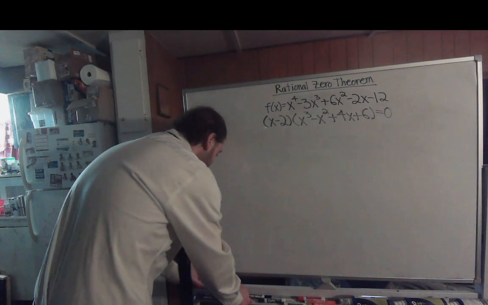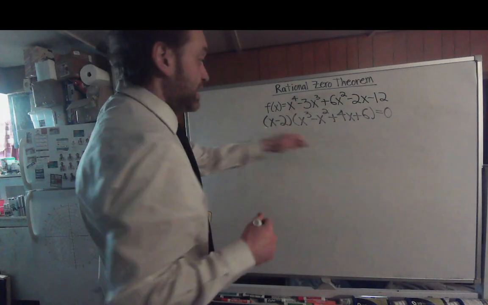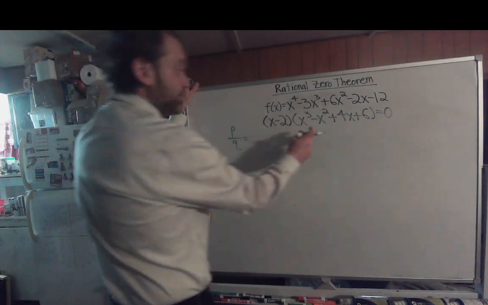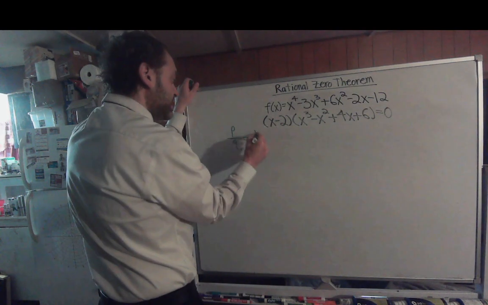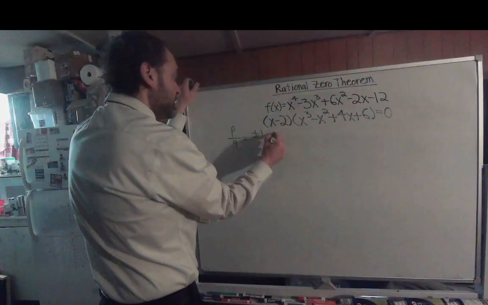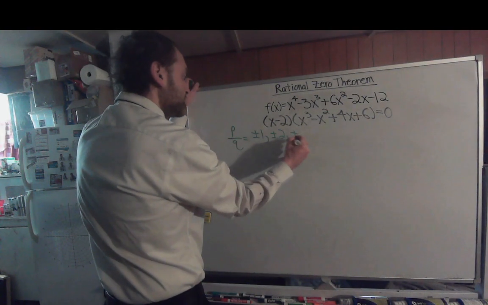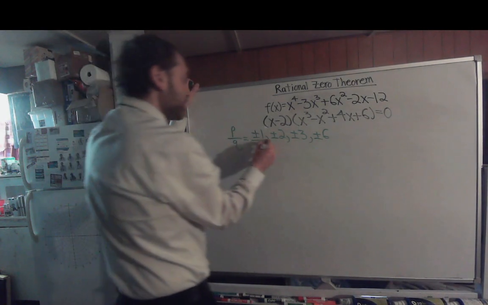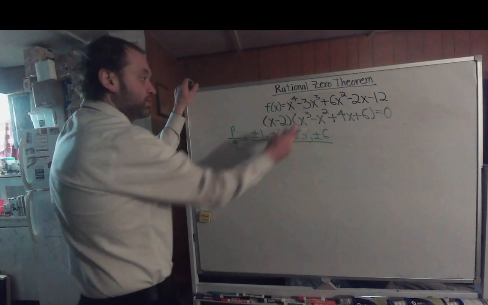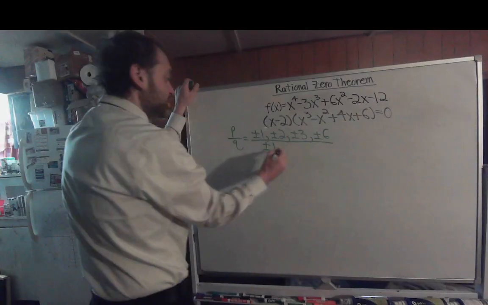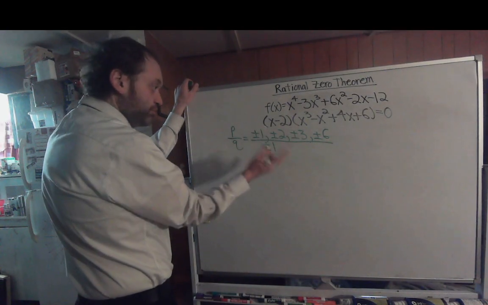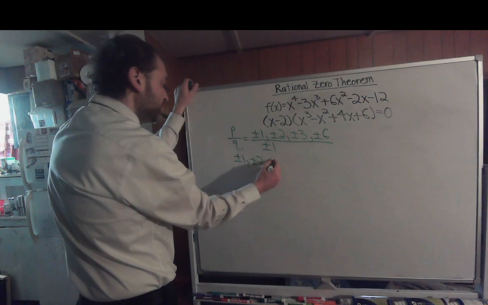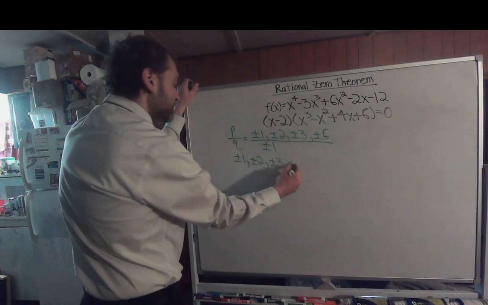So for the cubic factor, do your P over Q. Well, the constant term for the cubic factor is 6, so you'll have factors of plus and minus 1, plus and minus 2, plus and minus 3, and then plus and minus 6 over the factors of your leading coefficient, which would just be plus and minus 1, which means then your possible rational zeros are plus and minus 1, plus and minus 2, plus and minus 3, and plus and minus 6.